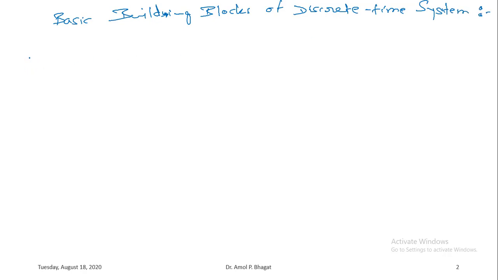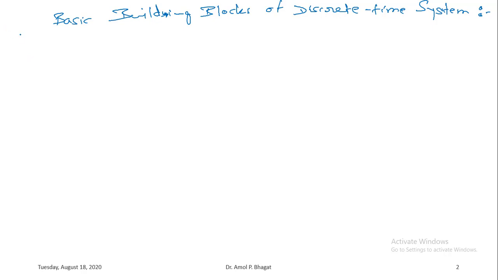So basically there are a total of 5 basic building blocks that can be used to interconnect various components and to form complex discrete time systems.